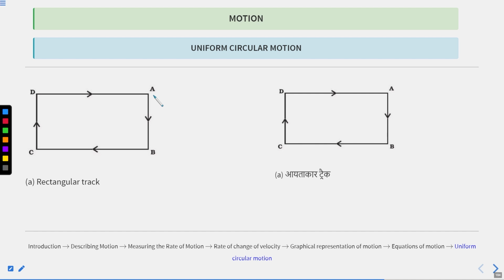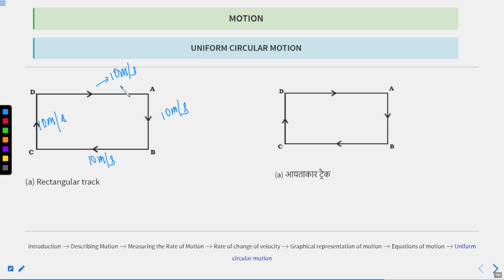Let's assume we are on a rectangular track. Let's suppose the velocity in all directions is the same, 10 meters per second, 10 meters per second. The speed is the same, but the direction is getting changed.